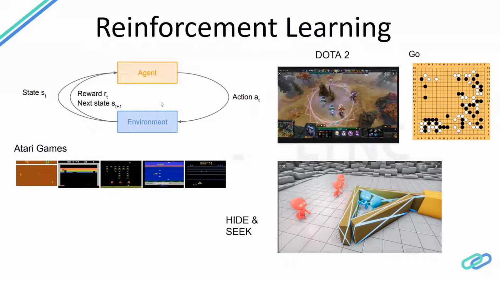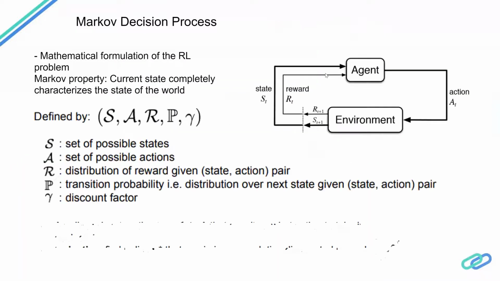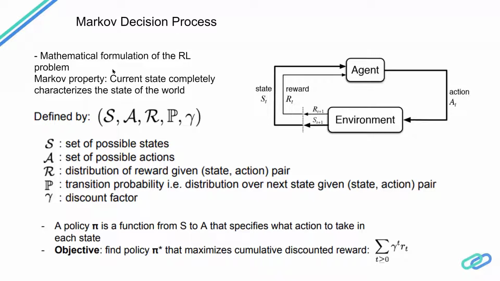Usually, I'll come to that later, with some kind of neural net, you learn a policy, how to drive. The whole of reinforcement learning is based on the Markov decision process. Basically, the action that you should take is based on the current state only. That's the whole paradigm of the Markov decision process.